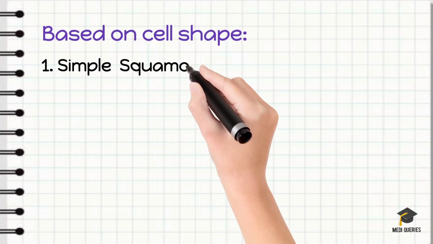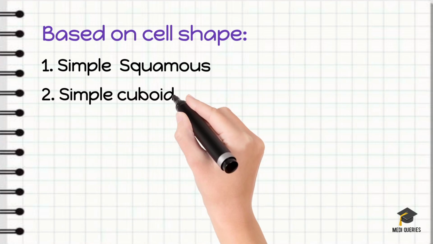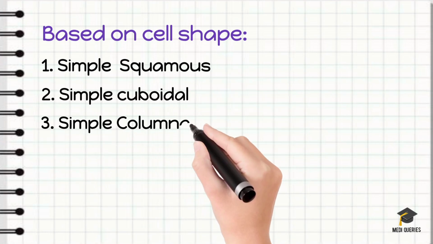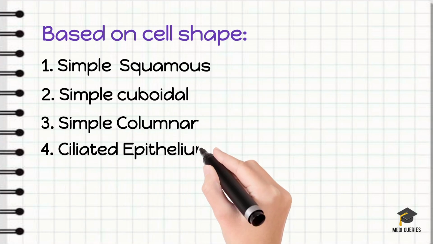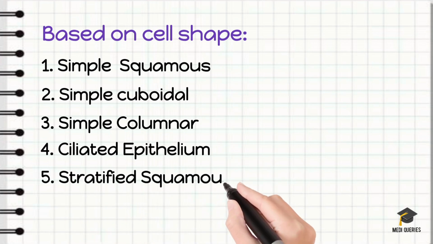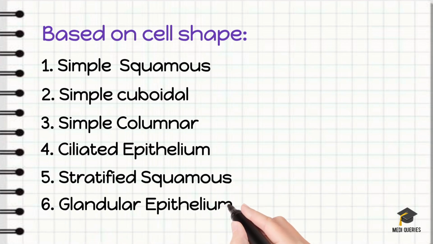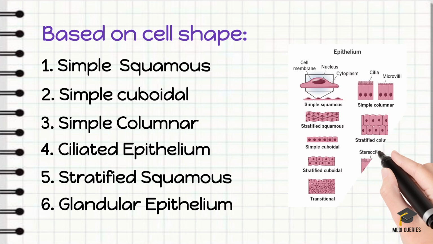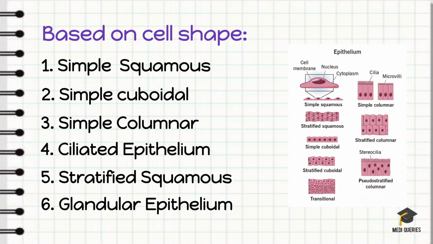Based on the cell shape, these epithelial tissues are divided into six types actually. What are those? Simple squamous epithelial tissue, simple cuboidal tissue, simple columnar tissue, ciliated epithelium, stratified squamous epithelial tissue and glandular epithelial tissue. Let us see one by one clearly.